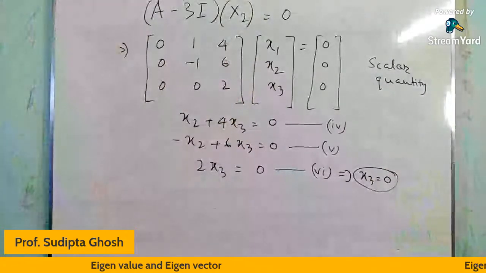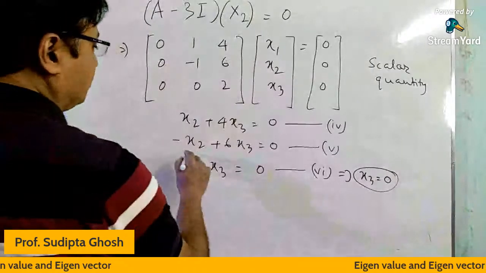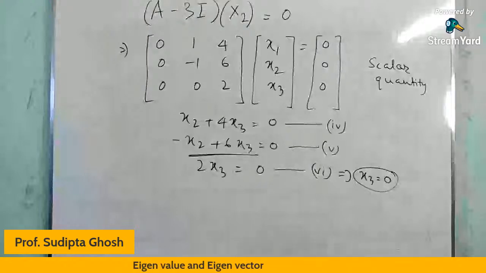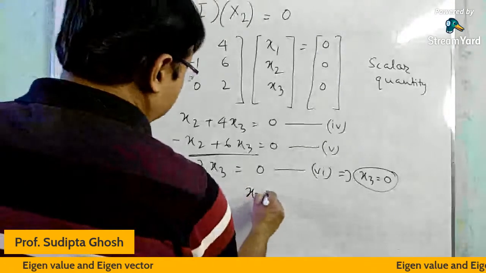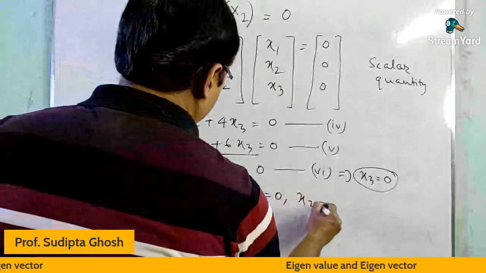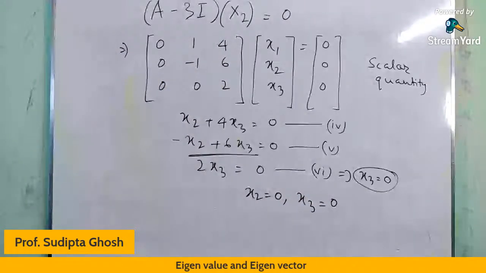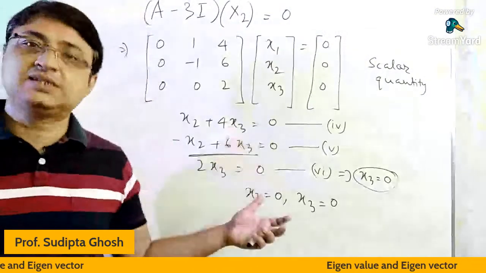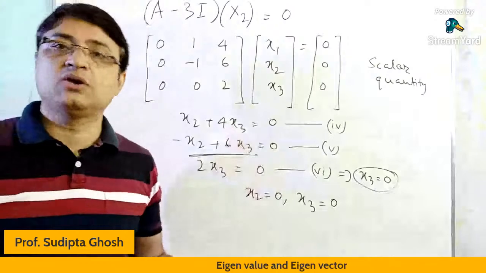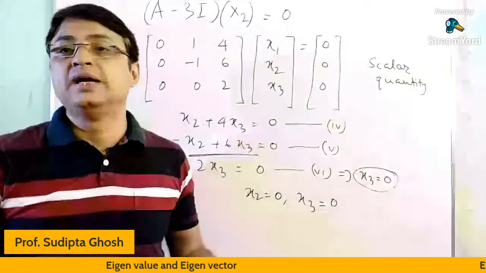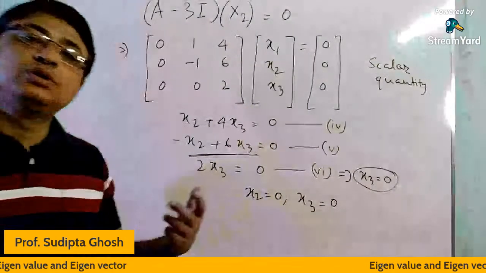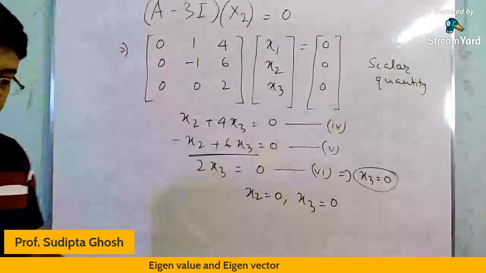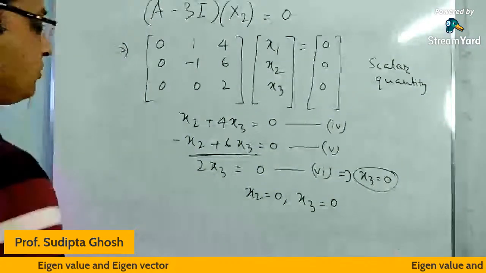And for x3 equals 0, if we put this value in either equation 4 or 5, x2 will be 0. So x2 equals 0 and x3 also equals 0. And what will be the value of x1? Here, these three equations are actually independent of x1. So we again take an arbitrary value for x1, and let x1 equal 1.